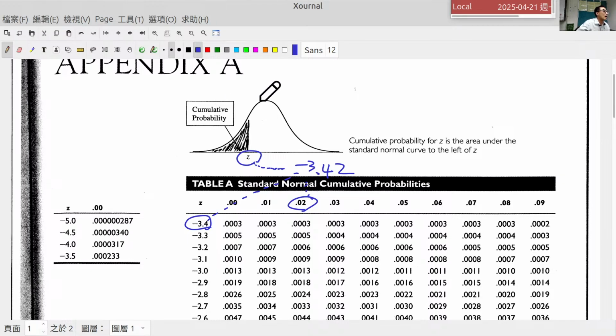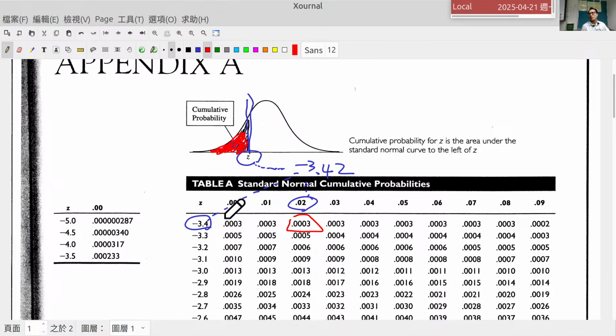And after this line, to the left, the area is this number. Can we get it? Okay, now our question is, what's the number?